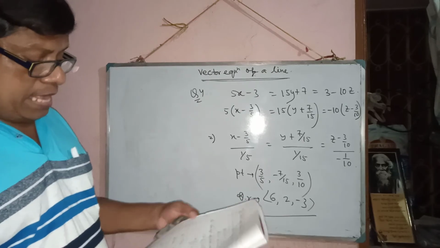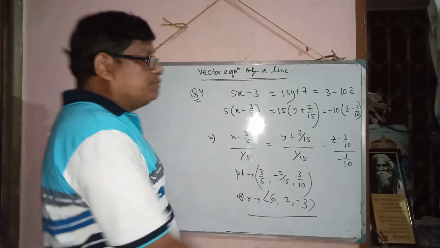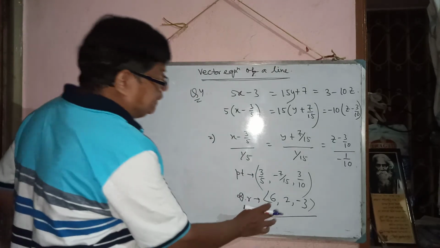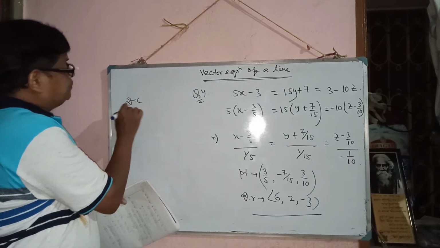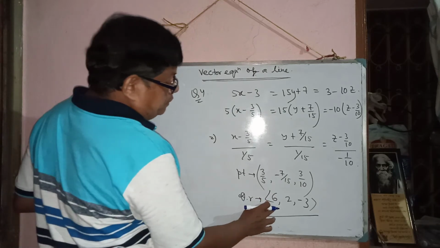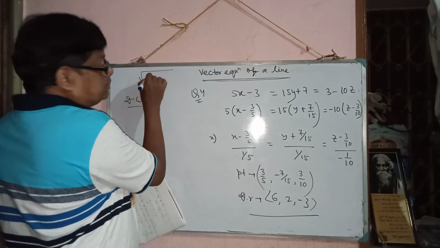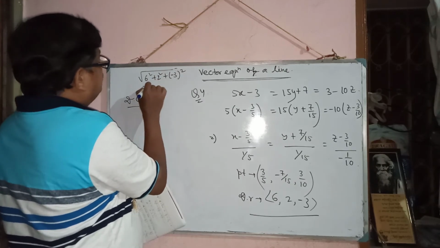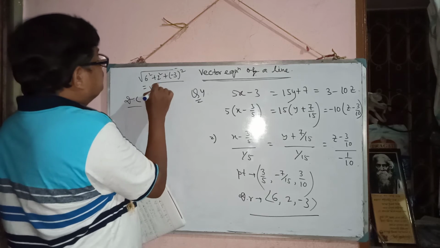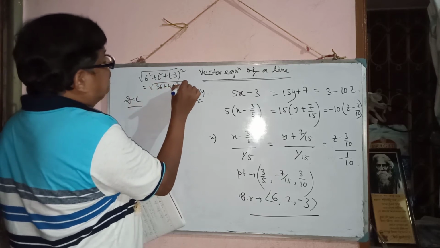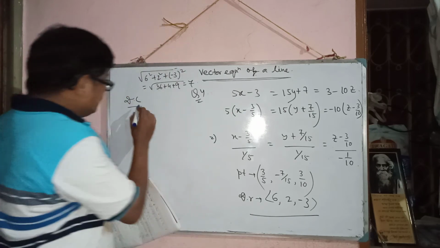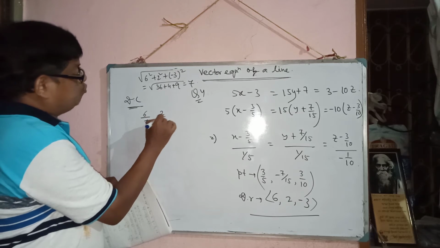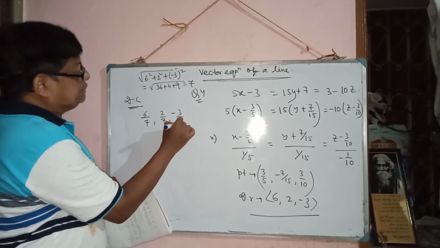Now listen: if a direction ratio is given and we want to find the direction cosine, what to do? First we find the square root of 6 square plus 2 square plus minus 3 square, that is 36, 4, 9, which is 49, so 7. So the direction cosines are 6 by 7, 2 by 7, minus 3 by 7.